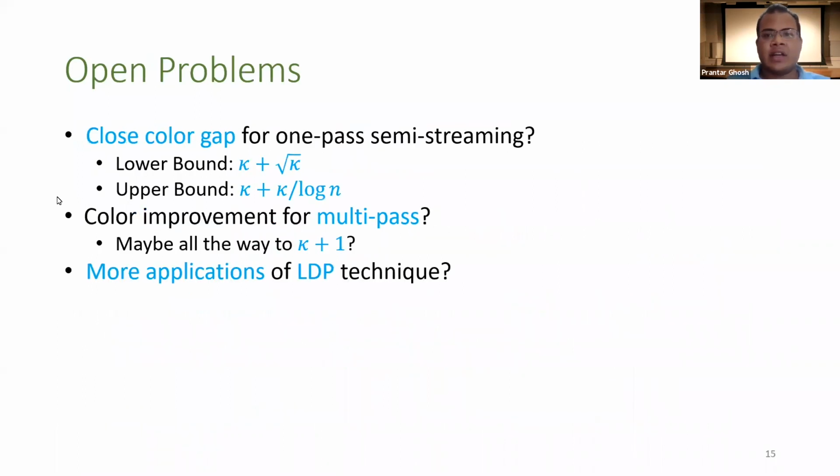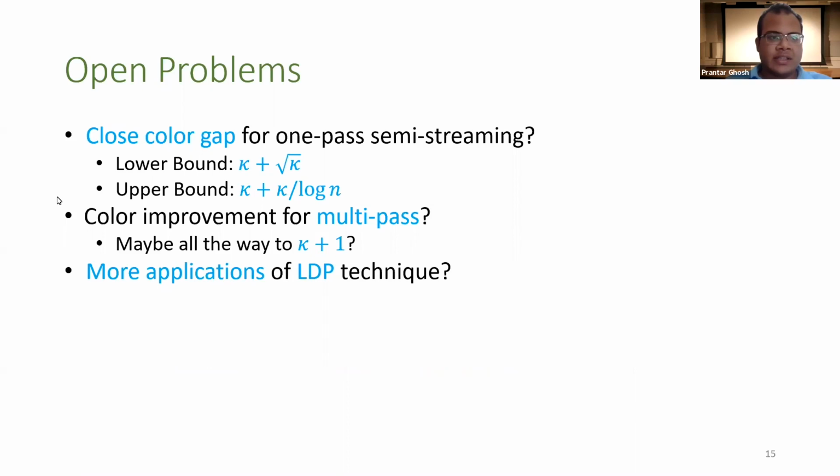So now I would like to end with some open problems. A very natural open problem is whether we can close this gap between our upper and lower bounds. To recall, we show that a 1 pass semi-streaming algorithm requires at least kappa plus square root kappa many colors, and our upper bound achieves a color bound of kappa plus kappa over log n.